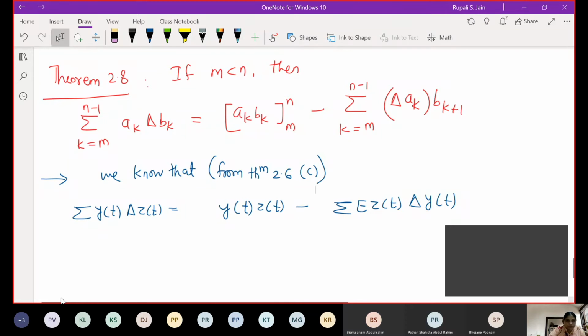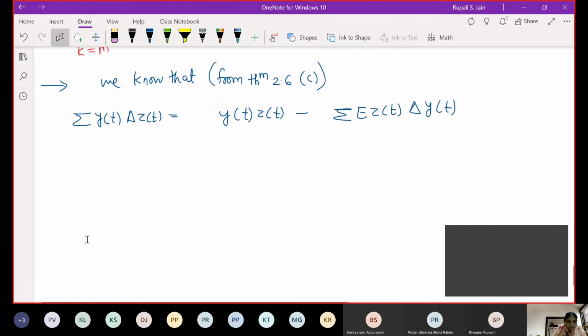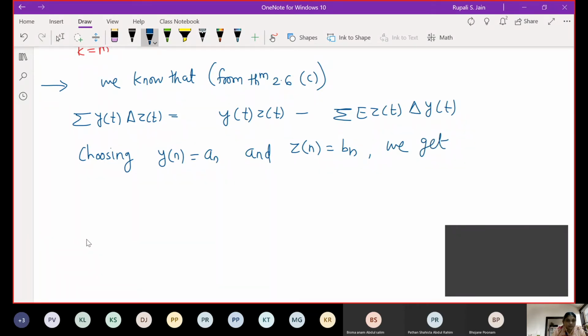So if I choose y_n equal to a_n and z_n equal to b_n, we get y_t is just y_n, because we are treating it as a sequence. So here I can substitute it.